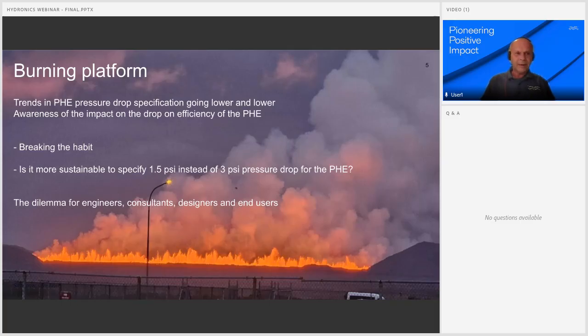We hope to break the habit, and we hope to create a question or discussion: is it more sustainable to specify 1.5 psi or, for example, 3 psi in a heat exchanger? I think it's a major dilemma for most of the stakeholders in our hydronic industry, like engineers, consultants, designers, and at the end of the day, the end users.